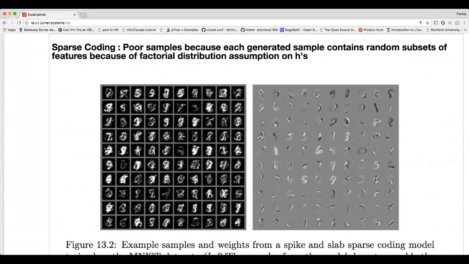So we don't take an H and then generate X from that. For every sample, we're actually retraining and determining the relationship between H and X. That's why, when you try to generate from this model, it doesn't come out very legible.